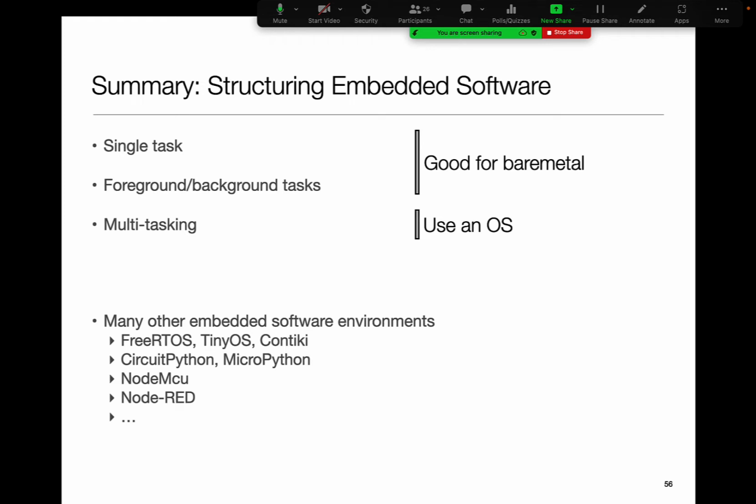Contiki and TinyOS came out of people who did wireless sensor networks, so they have very good stacks for wireless networking. But at this point they're largely obsolete, partly because wireless networking has become pretty stable.